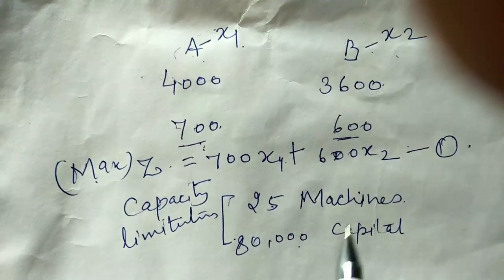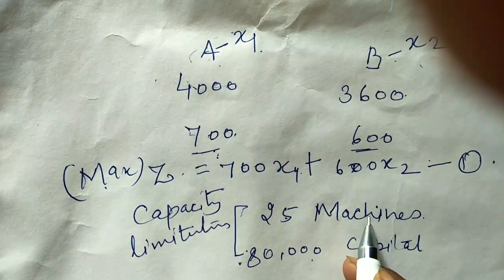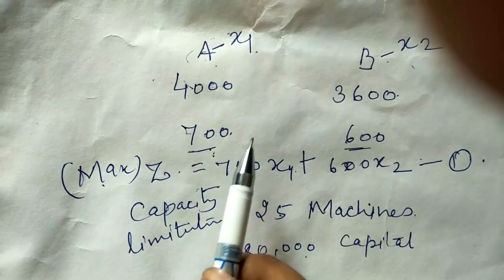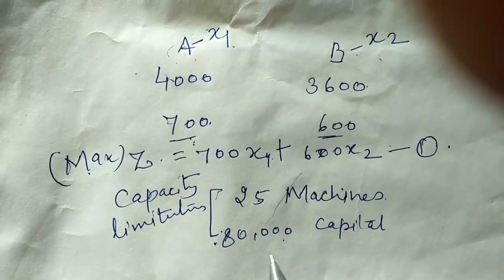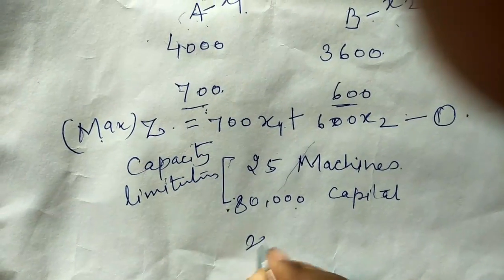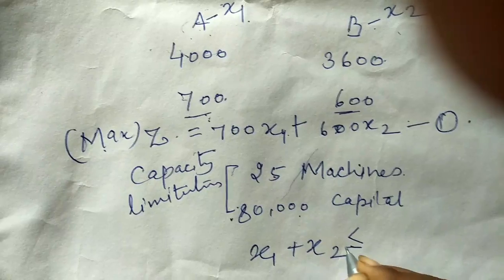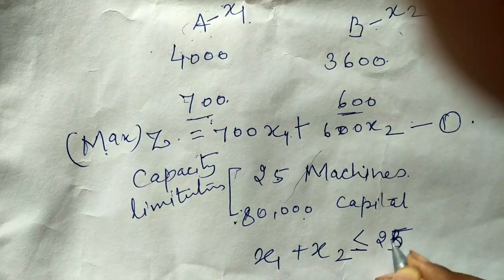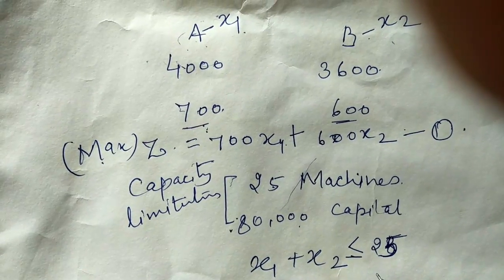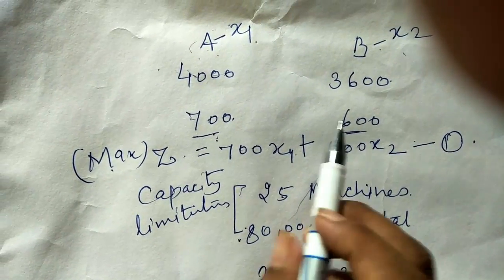Okay, now come to the constraints or limitations. He has a space capacity of a total of 25 machines. If the producer is installing x1 units of A and x2 units of B, that means x1 plus x2 must be less than or equal to 25. Now he has a capital of 80,000 rupees.